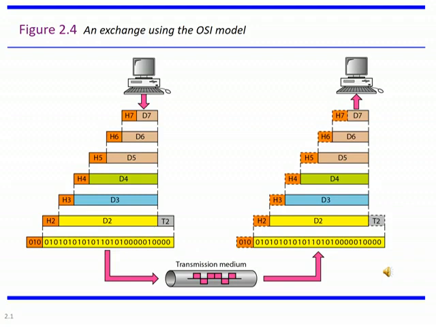In this case, data link is level 2, network is level 3, transport is level 4, session level 5, presentation level 6, and the application level 7. You can see that on the staircase, where the final layer is the application layer, level 7. So the final layer is really connected to the computer.